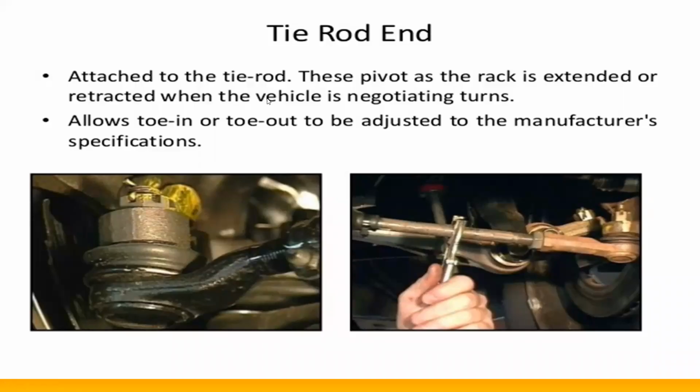So thank you guys. This is the overall general arrangement and layout of a steering system. In it, we see the overall steering system, what different components are involved, and how we assemble those components to form a steering system.